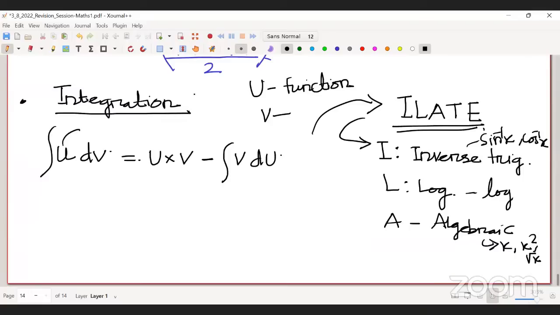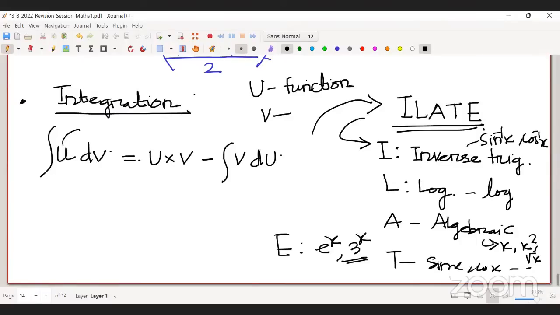Then trigonometric, which is sine x, cos x, and the last one is exponential, like e power x, maybe 3 power x.